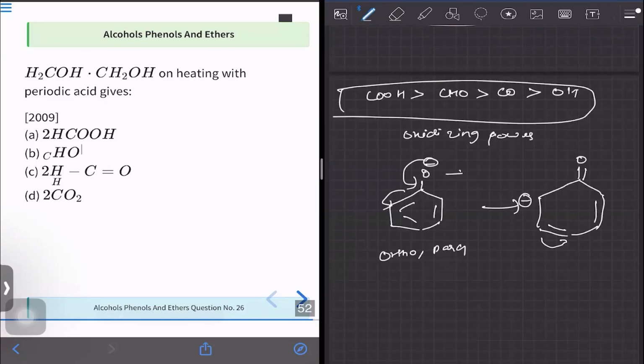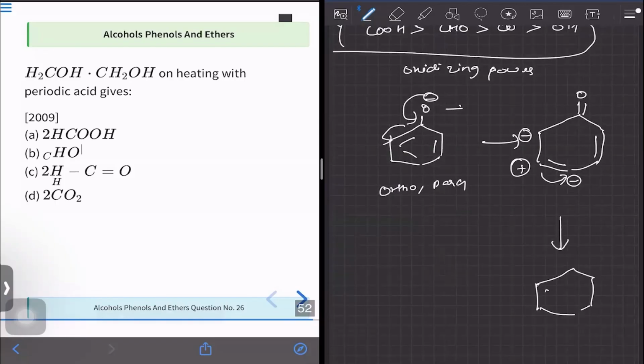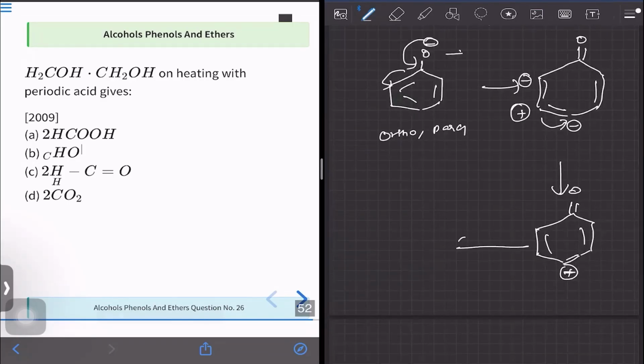Whenever this bond is shifted, we get positive and negative here. There will be a double bond between them, and here a double bond O is formed, with negative at the para position.